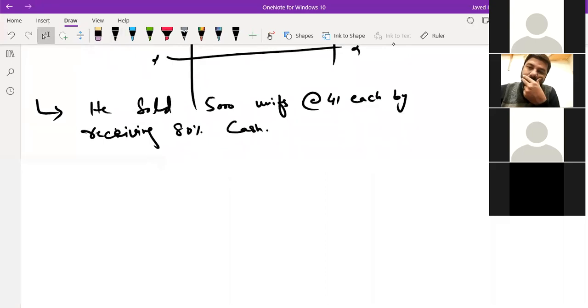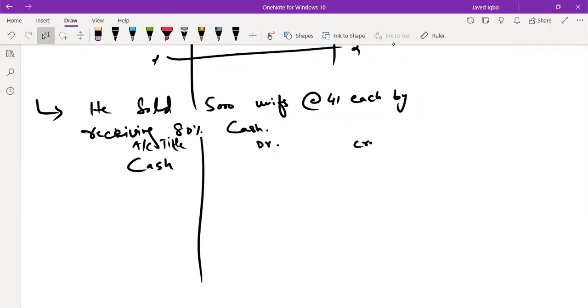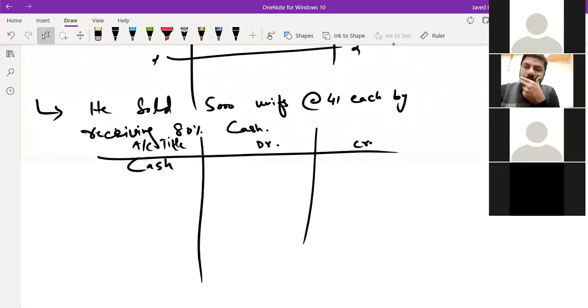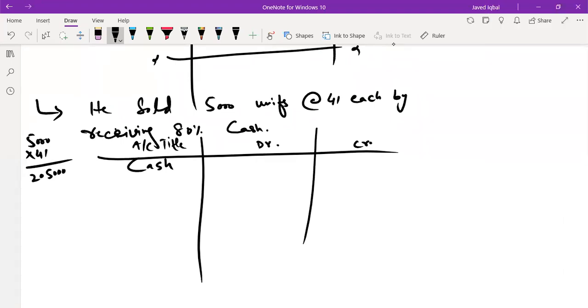So this would make it cash once again. We are receiving cash of 80%. The total transaction amount is basically 5,000 multiplied by 41, which makes 205,000. So your complete transaction is of 205,000.